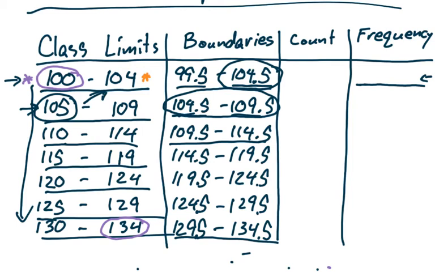All right, and continuing on, we're going to go ahead and look at each one of these limits. So for this first one, from 100 to 104, I'm going to go back through my data and put a little tally mark for every occurrence of data in this range.